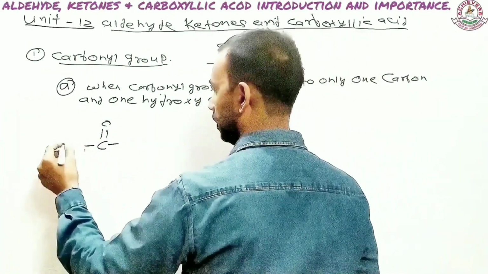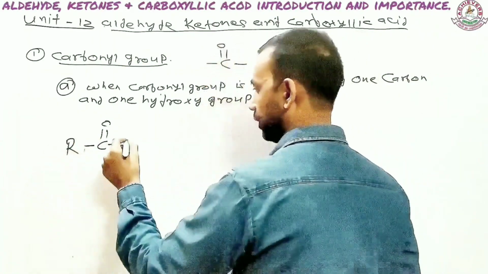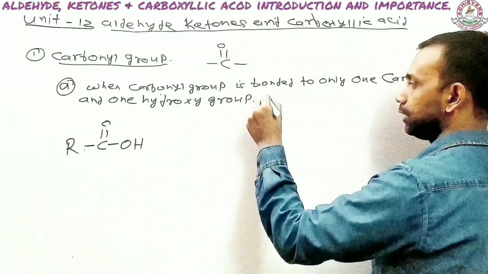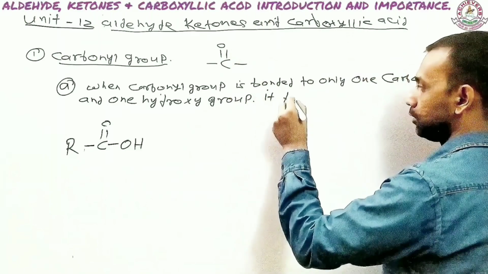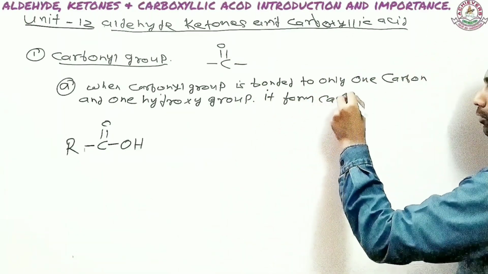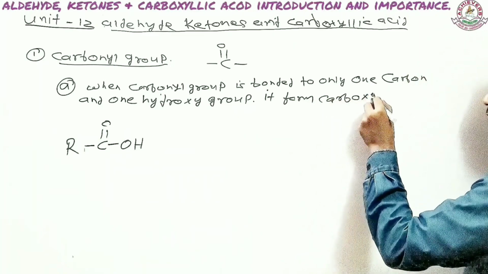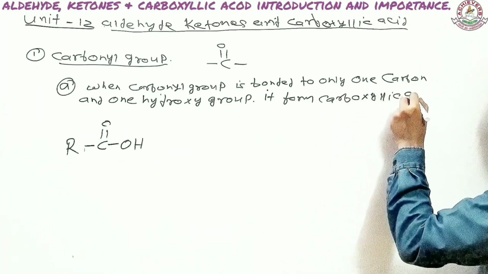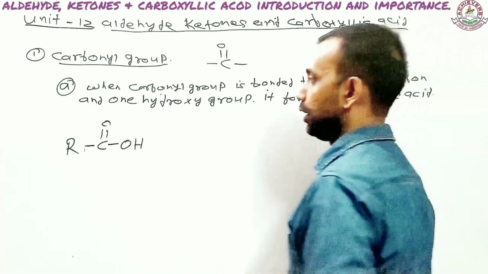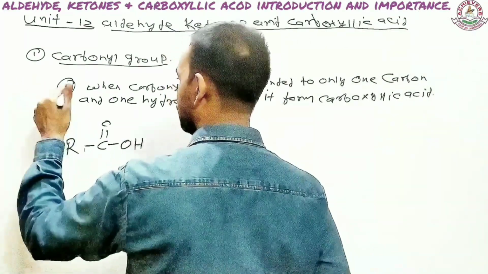There you have a carbon here, but on the other side you have a hydroxy group. So this forms carboxylic acid. Right? Now this was your third one.